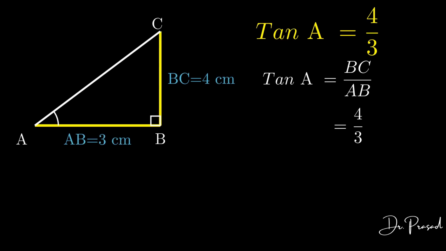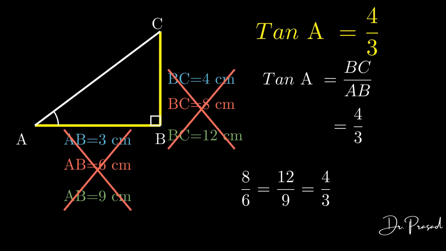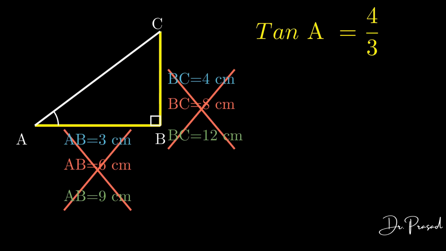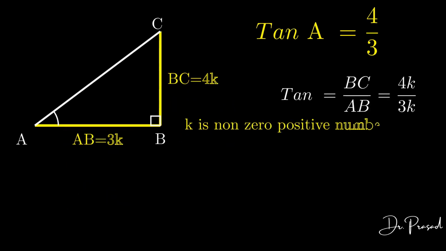But we could also take BC is equal to 8 cm and AB is equal to 6 cm or 12 cm and 9 cm. All of them would simplify to 4/3. So to keep it general, let's write BC is equal to 4k and AB is equal to 3k, where k is any non-zero positive number.